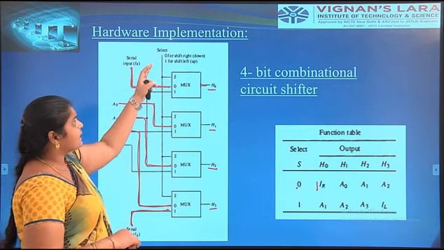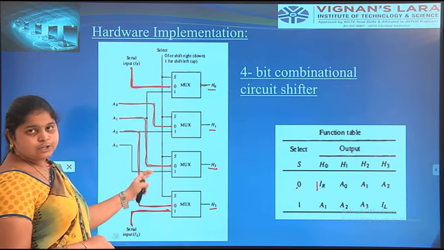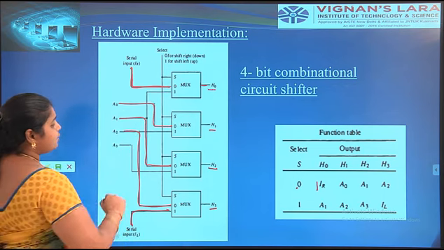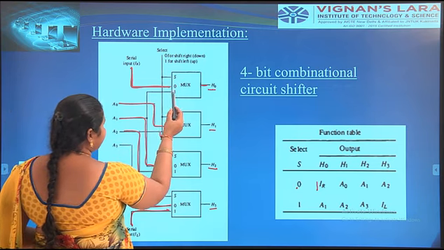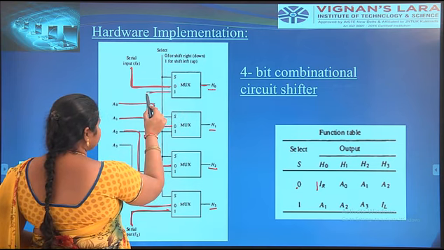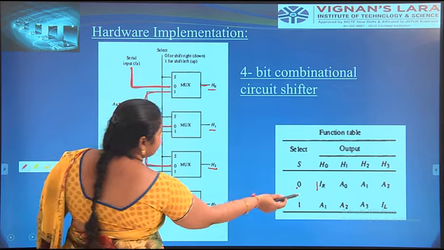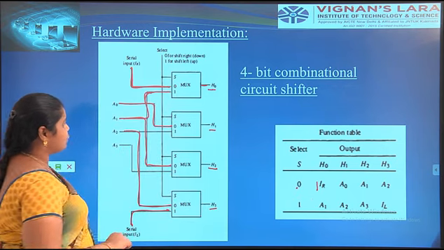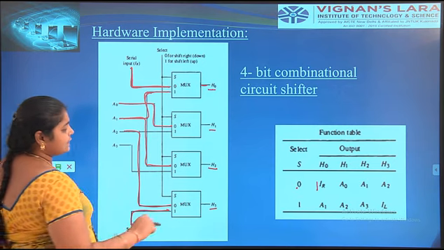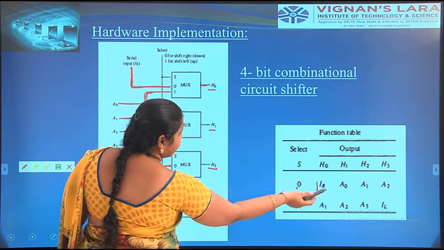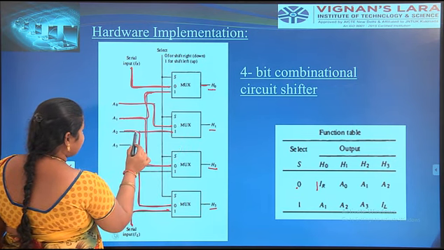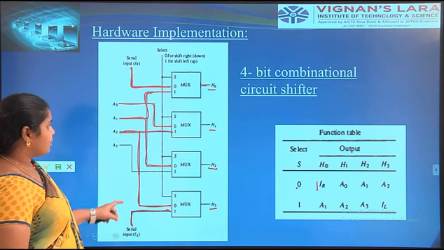For this we have to take the selected input lines. This is for 0. Next we take the selected input line 1. 1 receives the input from H0, meaning A1. Next, 1 receives the input from H1, meaning A2.